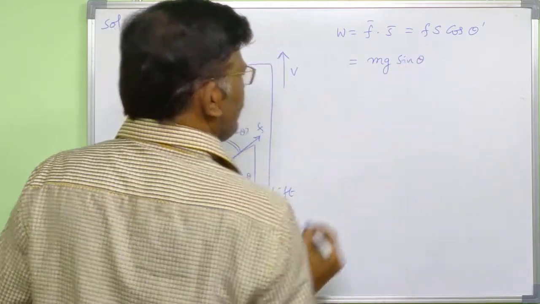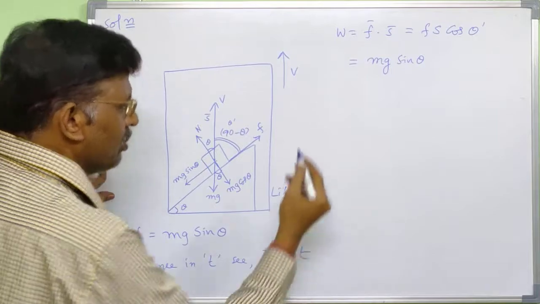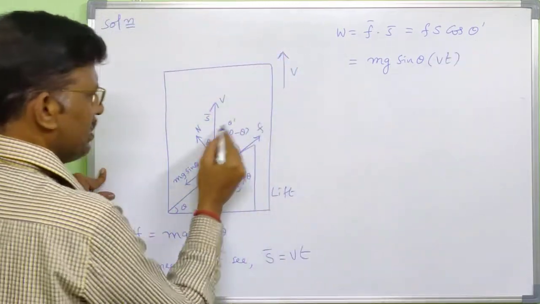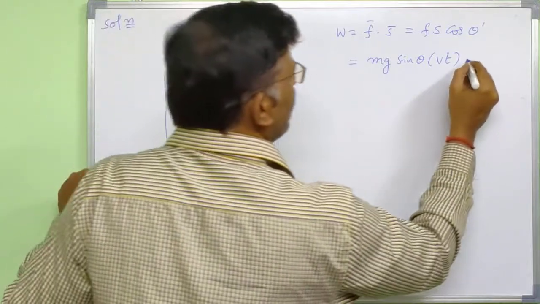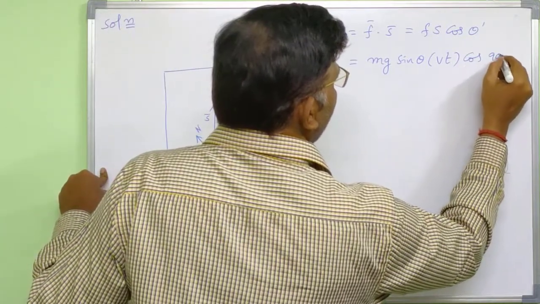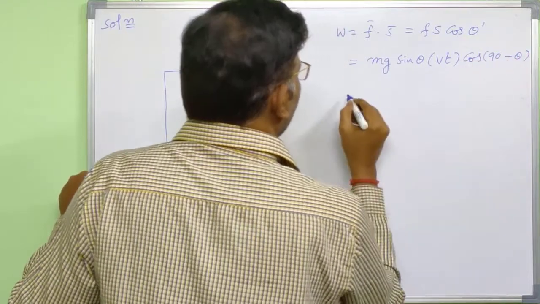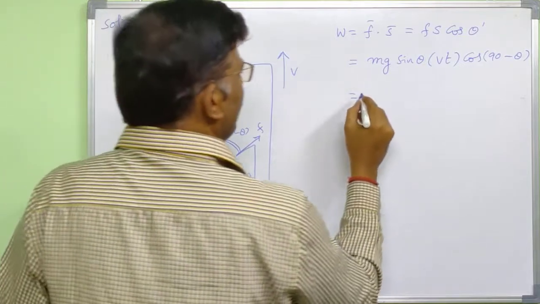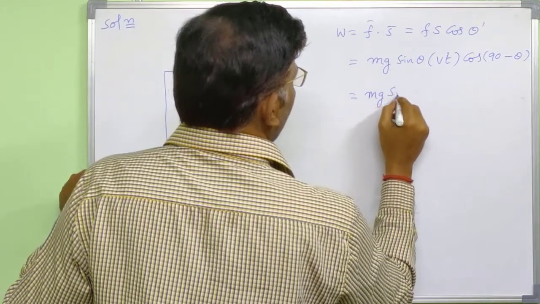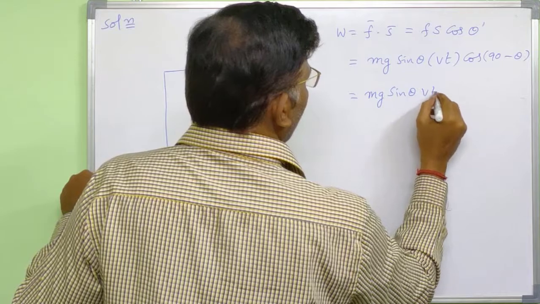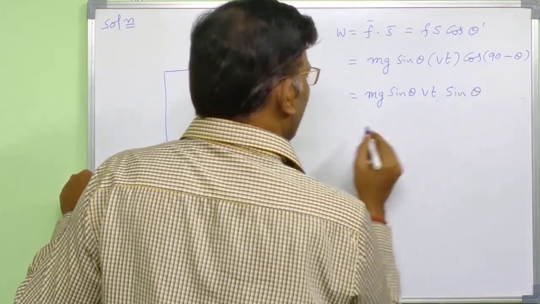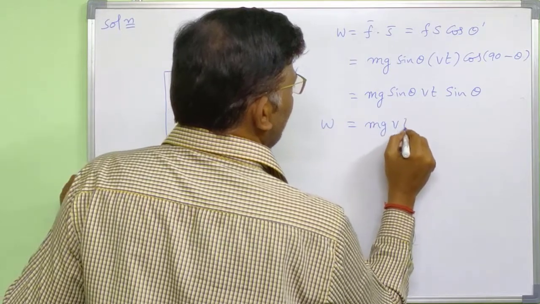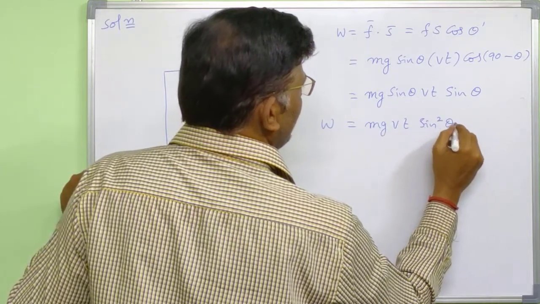F is equal to mg sin theta and S is equal to v into t. Theta dash is equal to 90 minus theta, so it is cos of 90 minus theta. We know that cos of 90 minus theta is equal to sin theta. So therefore, mg sin theta into vt into sin theta, or W can be written as mg vt sin square theta.